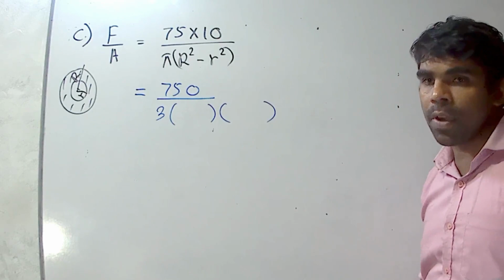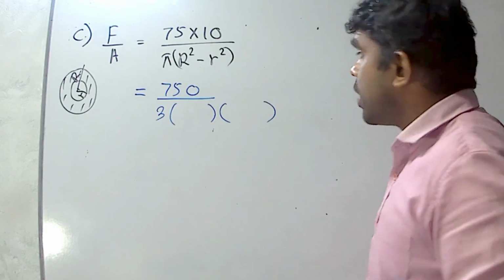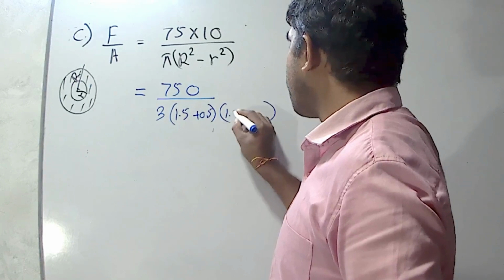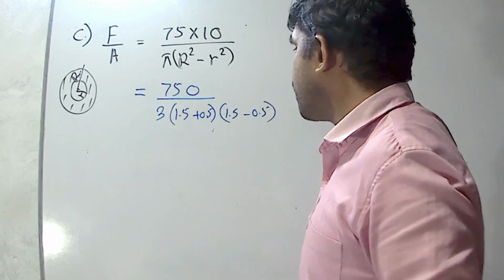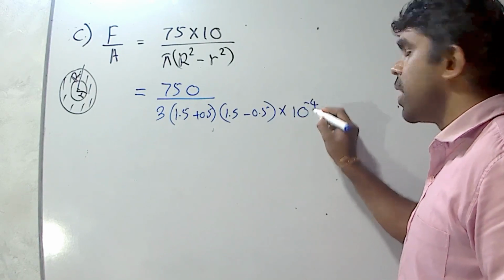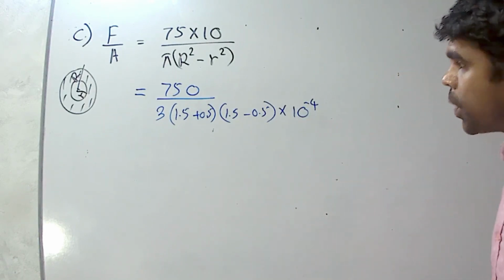We can use the difference between two square terms factors. Then 1.5 plus 0.5, 1.5 minus 0.5. It is in square centimeters. We have to convert it to square meters, so we multiply by 10 to the power minus 4.